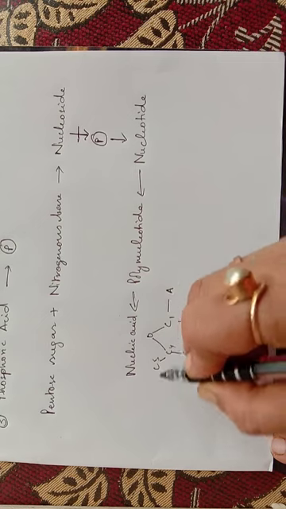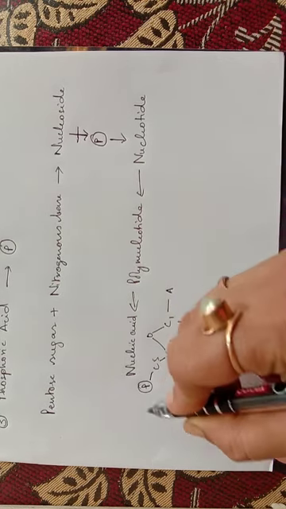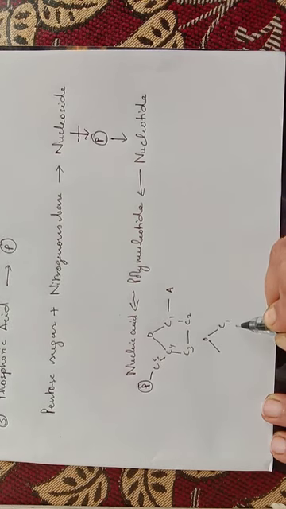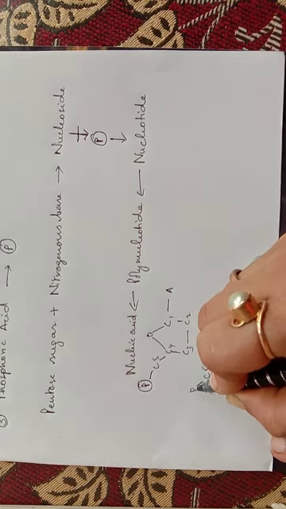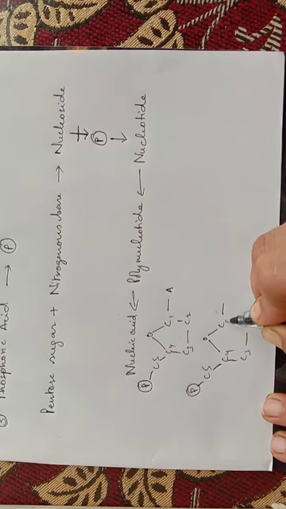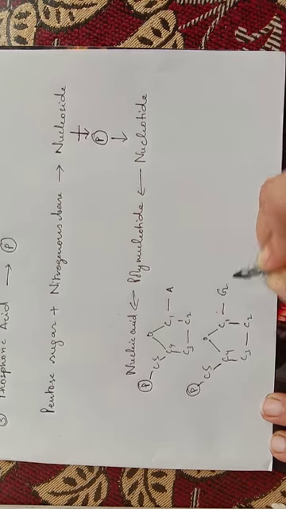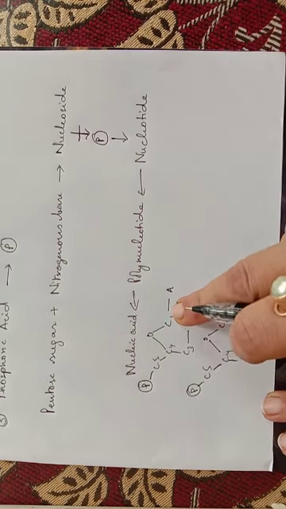When this nucleoside gets added with a phosphate group at the carbon 5 position, it becomes a nucleotide. So again, one nucleotide, I'll just show it. For example, guanine. So this is one nucleotide, and this is another nucleotide.